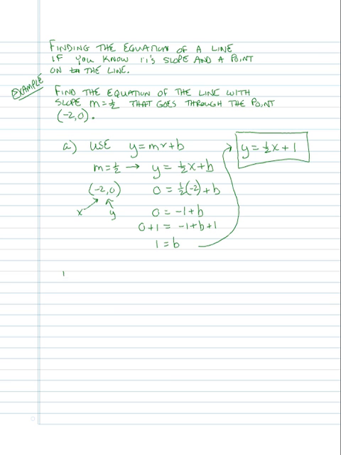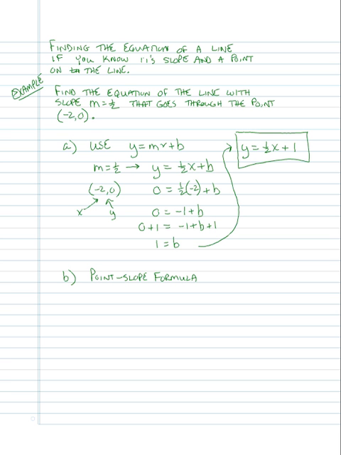Now, a second technique that works just as well is one in which we use what's called the point-slope form. Sometimes I call it the point-slope formula, although our book would call it form.